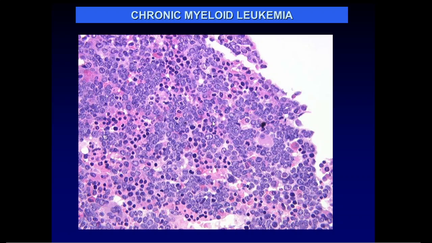So we have mostly round or oval nuclei with delicate nuclear chromatin, some nucleoli, here you see 1, 2, probably there are 2 nucleoli.